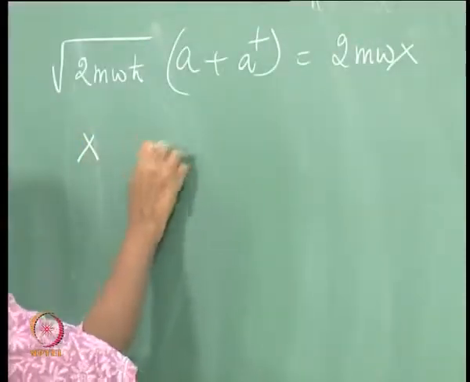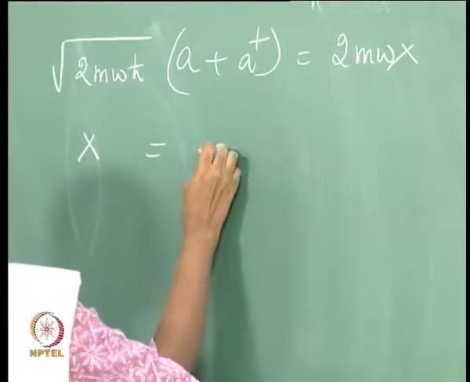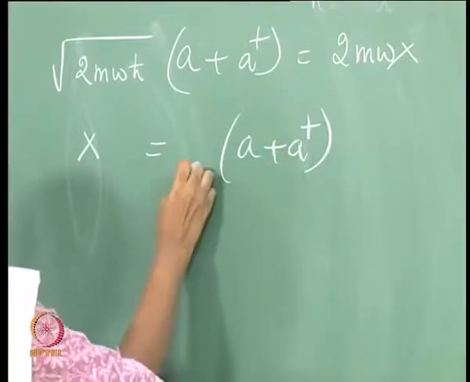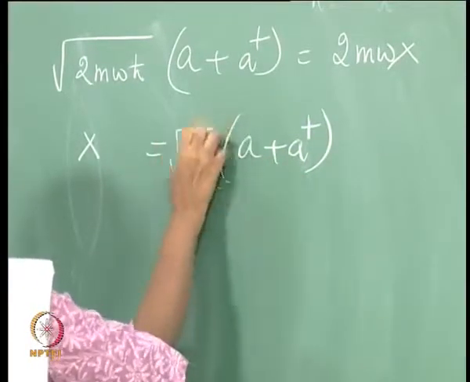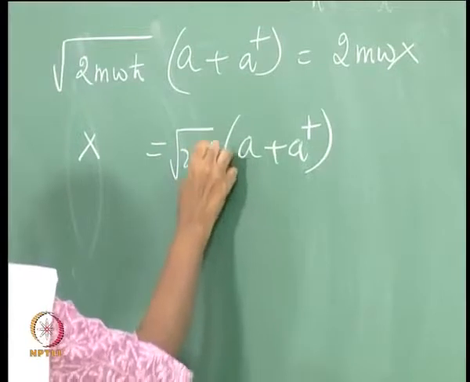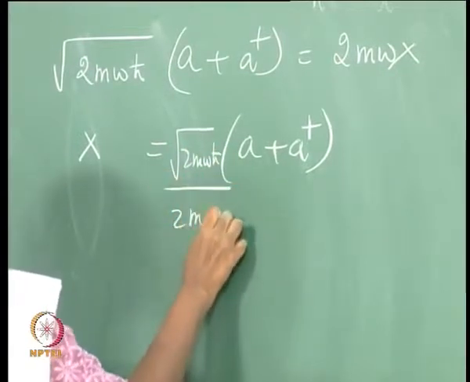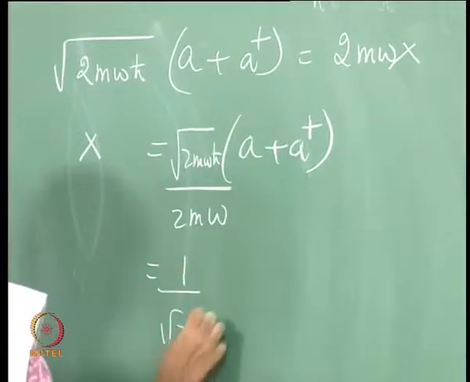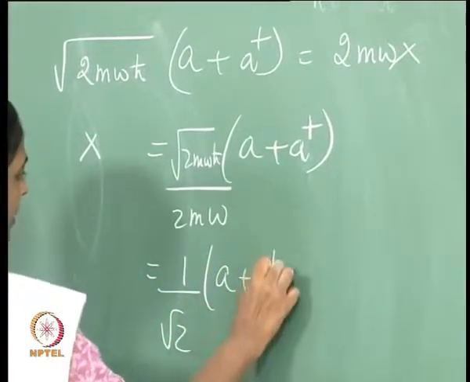So, that tells me that x is equal to (A plus A dagger) root of 2 m omega h cross divided by 2 m omega. That already gives me a 1 by root 2 (A plus A dagger).